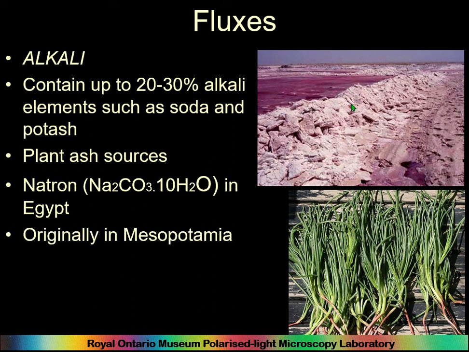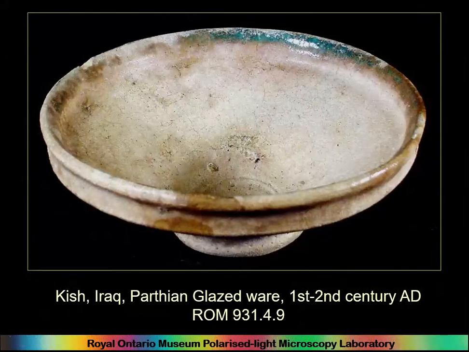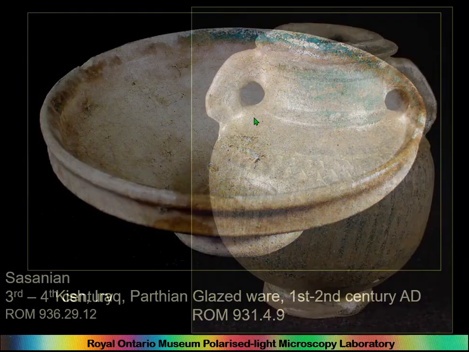Originally developed in Mesopotamia in the 3rd millennium BC, it was actually on faience, or composition. After about 1500 BC, it was on clay. So here we have an alkali glaze on Parthian pottery from Iraq.